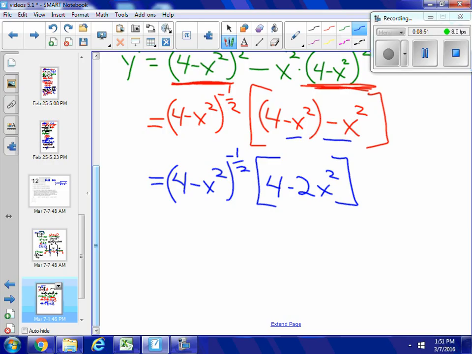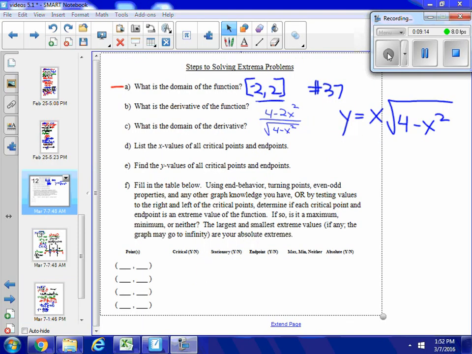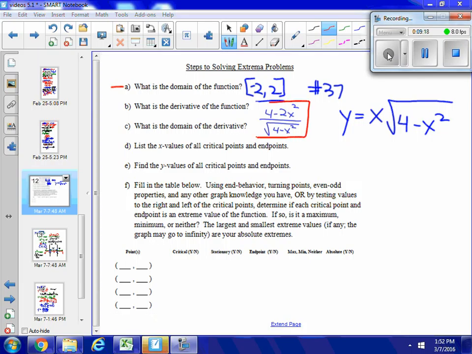So just to make it really simple right now, my y prime is equal to 4 minus 2x squared divided by, I'll use a square root sign here, the square root of 4 minus x squared. That's taking this term right here and putting that into the denominator. So there I've gone back to our page and I've added our derivative now. So this is answering part B.